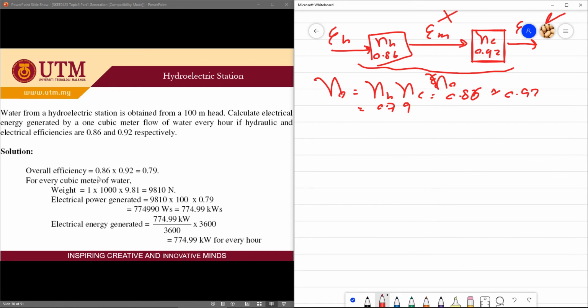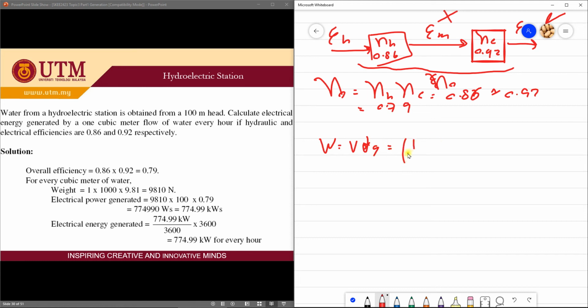Now you have calculated the overall efficiency, and now you have to calculate the weight. The weight of the water is volume multiplied by density multiplied by gravitational acceleration.